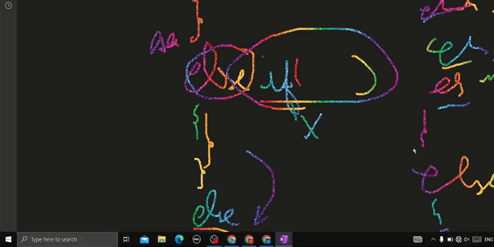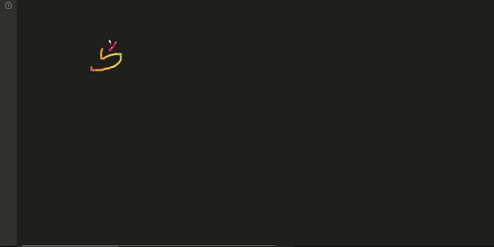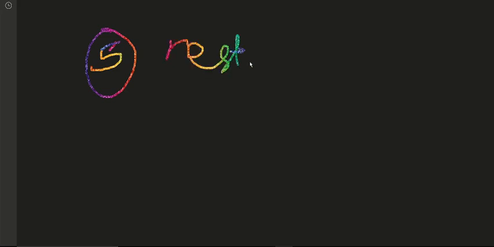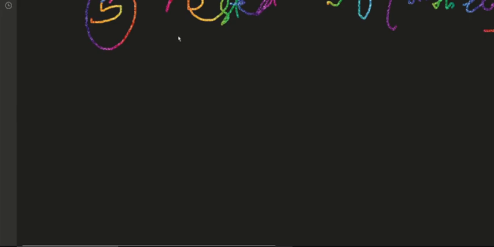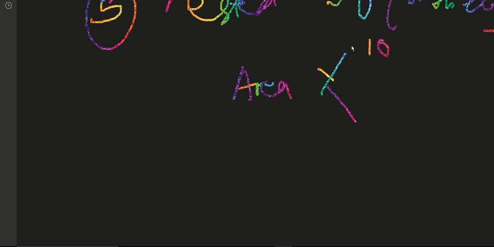Now what is the last part? How to represent the final conditional control structure, that is nested if, and also with else. See, many times such conditions occur. Suppose I take a similar example, where there are two conditions: area becomes greater than 10 and area becomes less than 10.